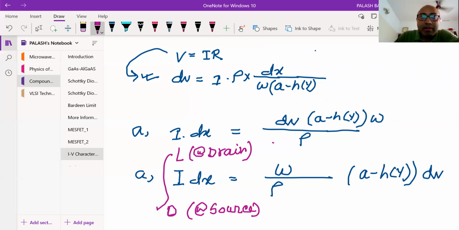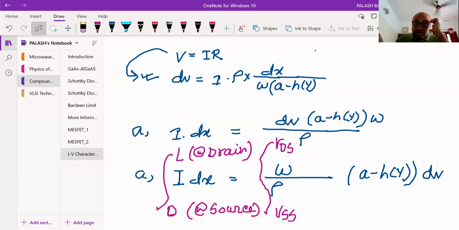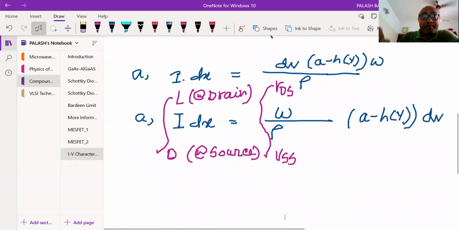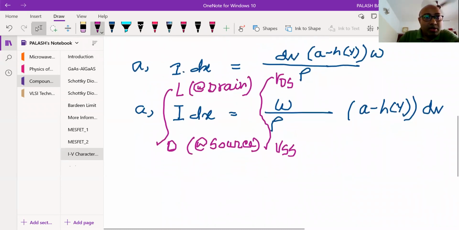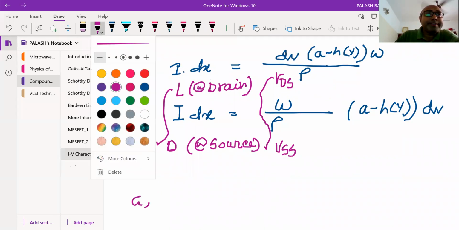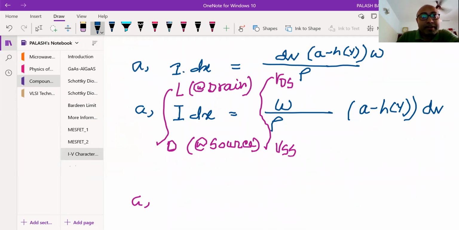Similarly, at the source side, what is the voltage? VSS, and at the drain it is VDS. Correct. Now you do perfect integration.